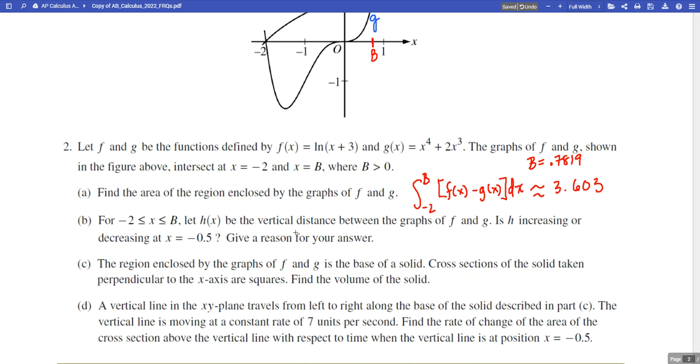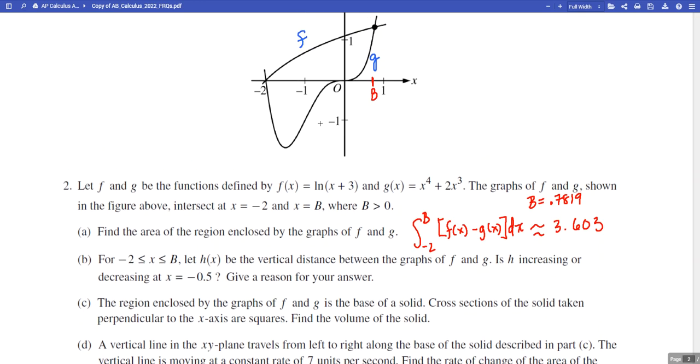All right, so h of x is going to be the vertical distance between f and g. Is h increasing or decreasing? Our reasoning is going to be: if h prime is greater than 0, then h of x is increasing.